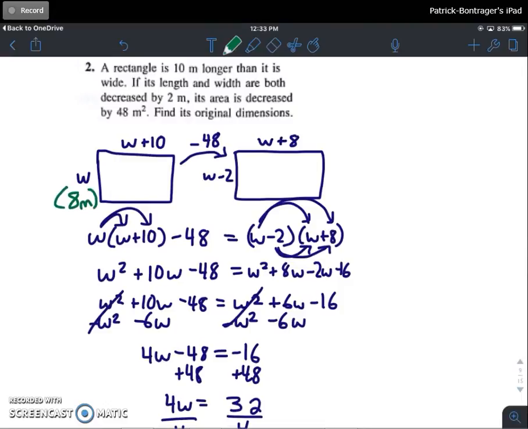My length is going to be 8 plus 10, which is 18 meters. So those are my original dimensions, and how I write that is 8 by 18. Right, it'll be 8 meters by 18 meters.